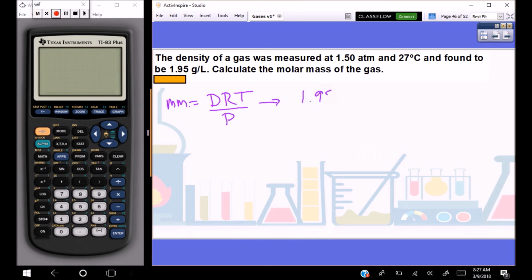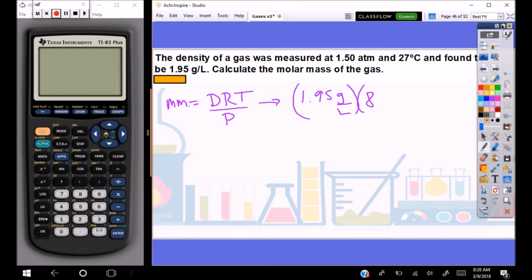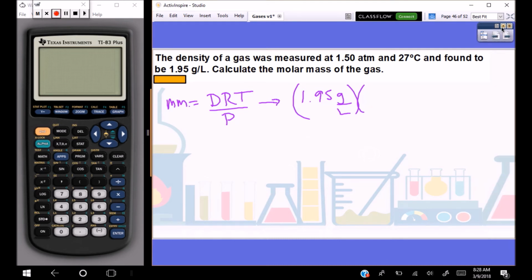We've got 1.95 grams per liter. We've got 0.0821 atmosphere liters per mole Kelvin. Temperature, 27 degrees Celsius, in Kelvin would be the same as 300 Kelvin.